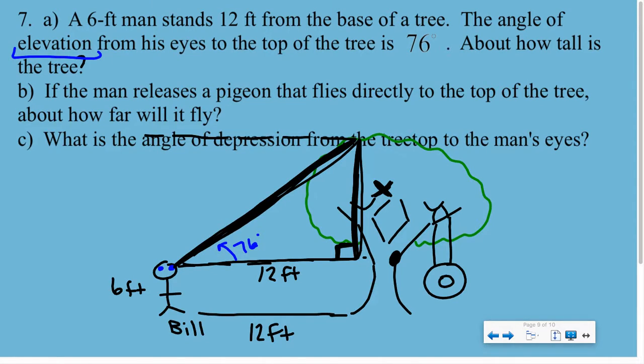Now, in reference to my 76 degrees, is x opposite, adjacent, or hypotenuse? Opposite. How about 12? Adjacent. So which trig function should we use to find x? Tangent. Good. The tangent of 76 equals x over 12.